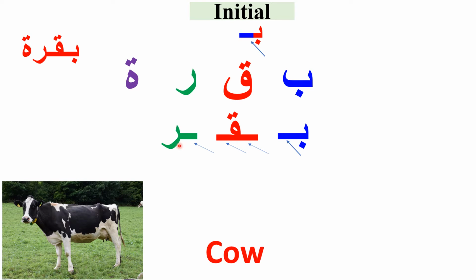And finally, the final letter. Now when they connect, they come close to each other. So the ba will connect with the qaf, with the ra, and the feminine indicator ta, or what we call ta marbuta, that we will explain later in an independent, separate lesson. So we get this form, the word baqara, which stands for cow in English.